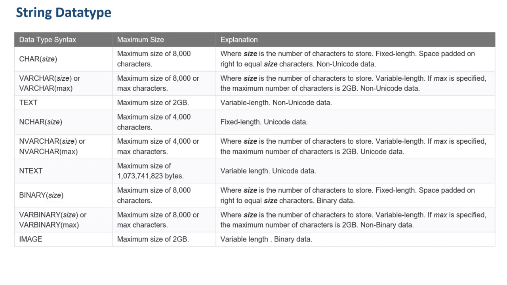I will attach this in the link, and you can download this PPT from that link and refer to it in future. I will just walk you through it quickly. We have char, varchar, text, nchar, nvarchar, ntext, binary, varbinary, and image for string data types.